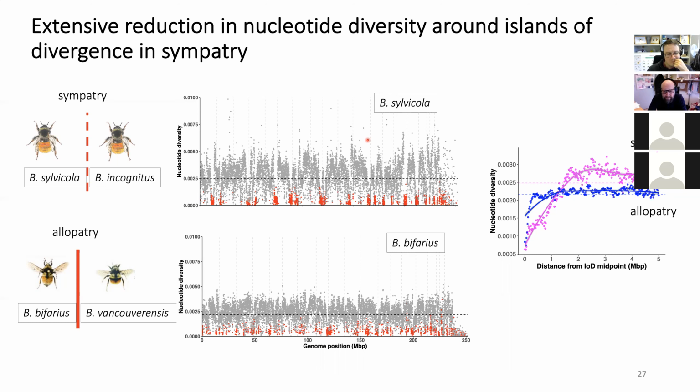So it suggests that there's a more intense level of linked selection affecting these regions compared with the allopatric comparison. So it seems like you have a more extensive and intense reduction in nucleotide diversity in the sympatric comparison in these islands of divergence.